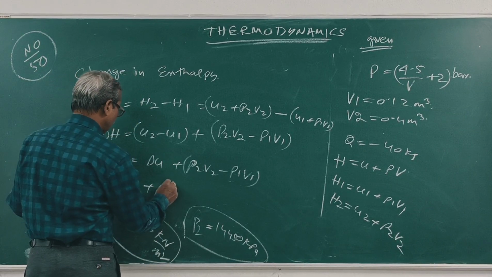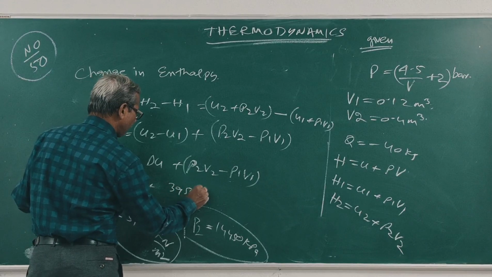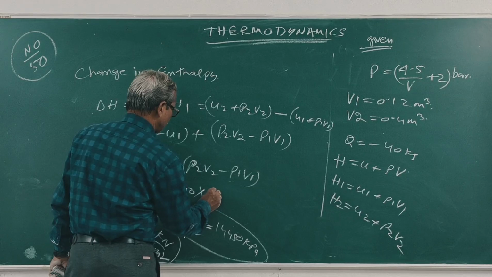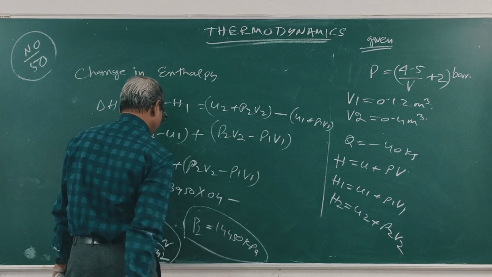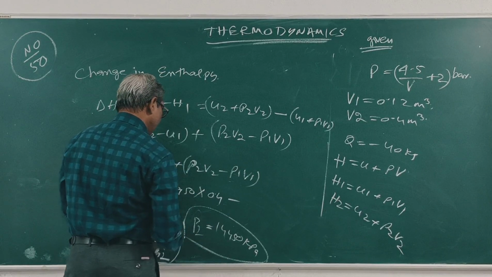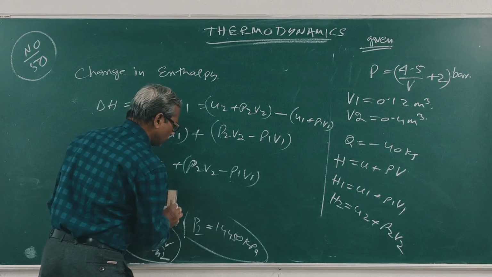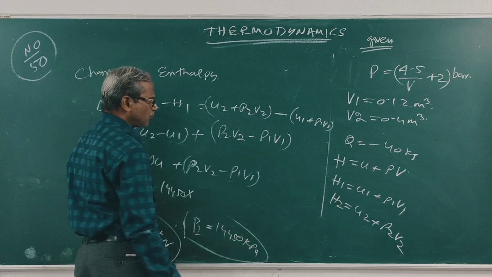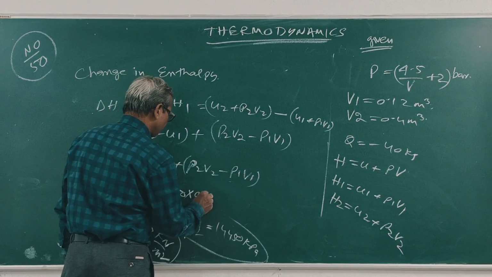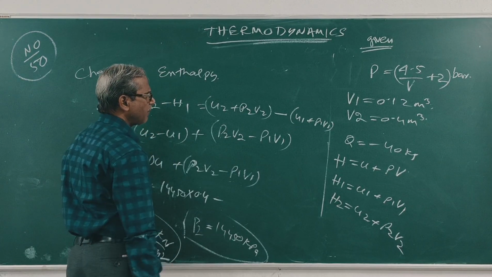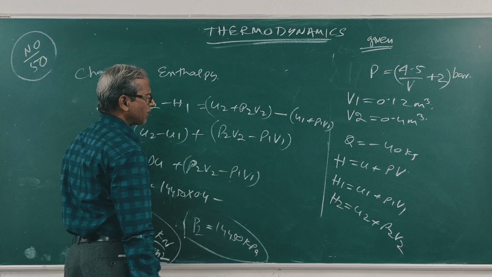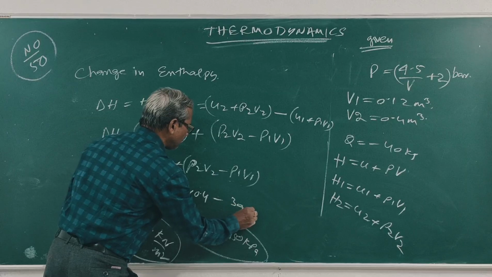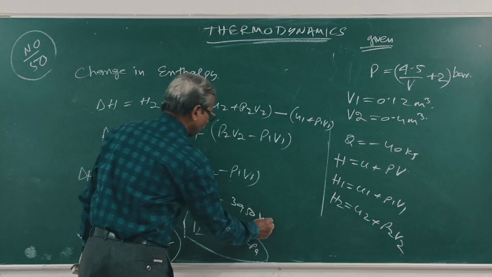What is P2? 14450, and V2 is 0.4 meter cube, minus P1 V1. What is P1? P1 is equal to 3950, V1 is 0.12.